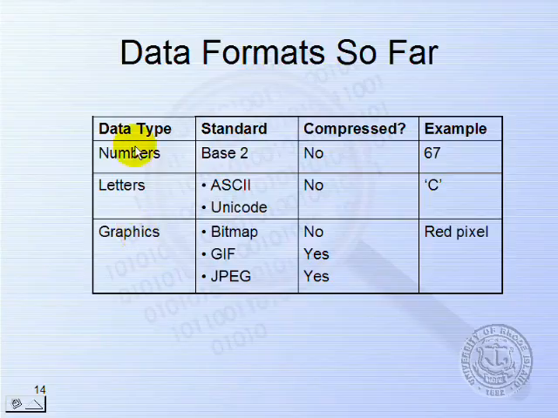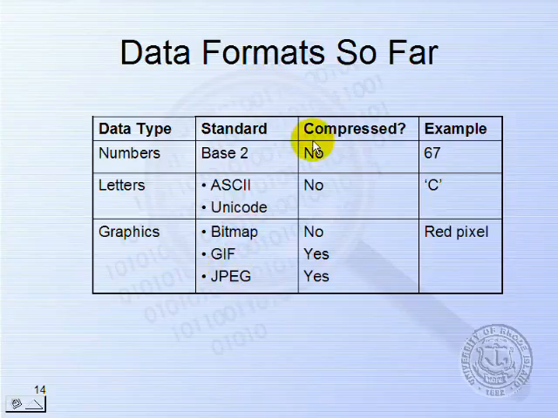For numbers, the base 2 standard, which is all of the binary arithmetic we went through, dictates how a base 10 number is stored in a computer. For letters, we saw that the ASCII standard, or the Unicode standard, determined how letters or typed characters are represented in the computer. For graphics, we saw 3 standards: bitmap, GIF, and JPEG.